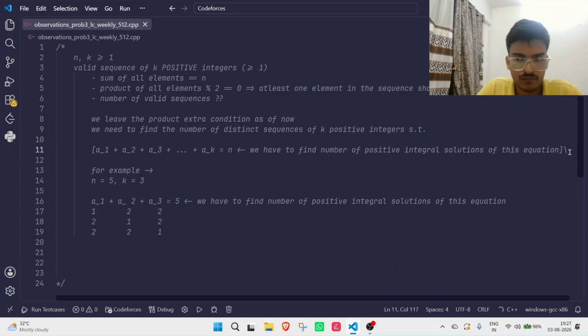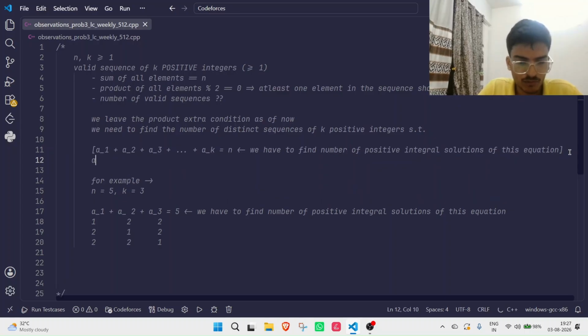Which is that result? If we have the condition a1 greater than or equal to 1, a2 greater than or equal to 1, a3 greater than or equal to 1, so we can say ai is greater than or equal to 1 for all i. So we can transform it to something we know.